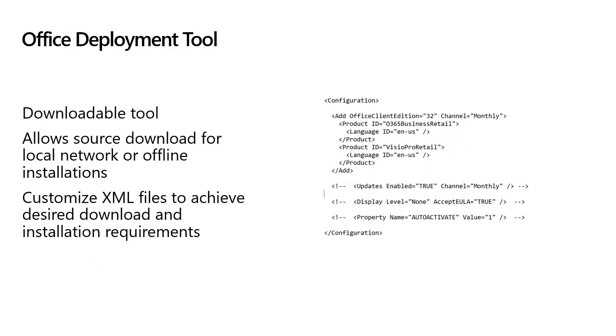The Office deployment tool is a very small download and allows the Office installation files to be downloaded to a centralized location, which can then be used as a distribution point for wider deployment. For organizations that need to deploy Office 365 Business to a large number of devices in a centralized network, this can save large amounts of time.